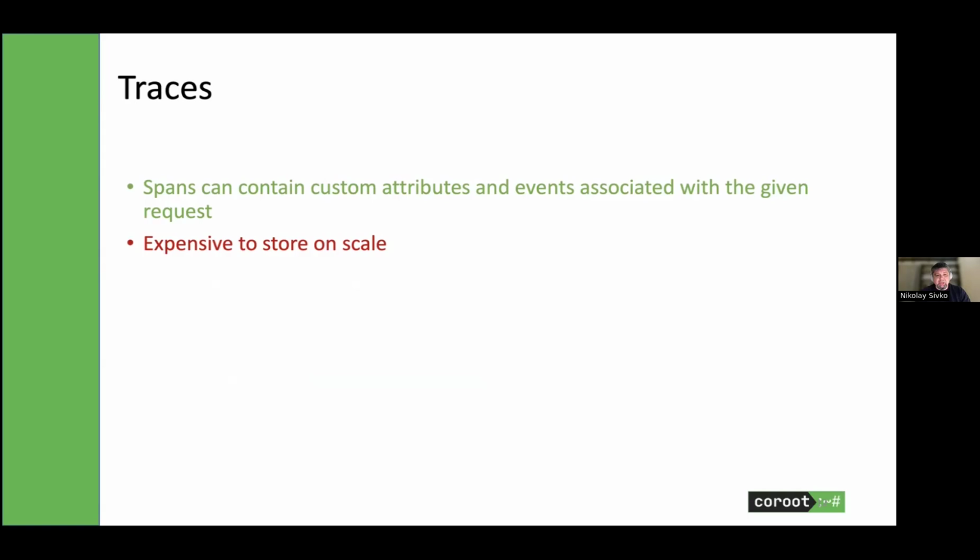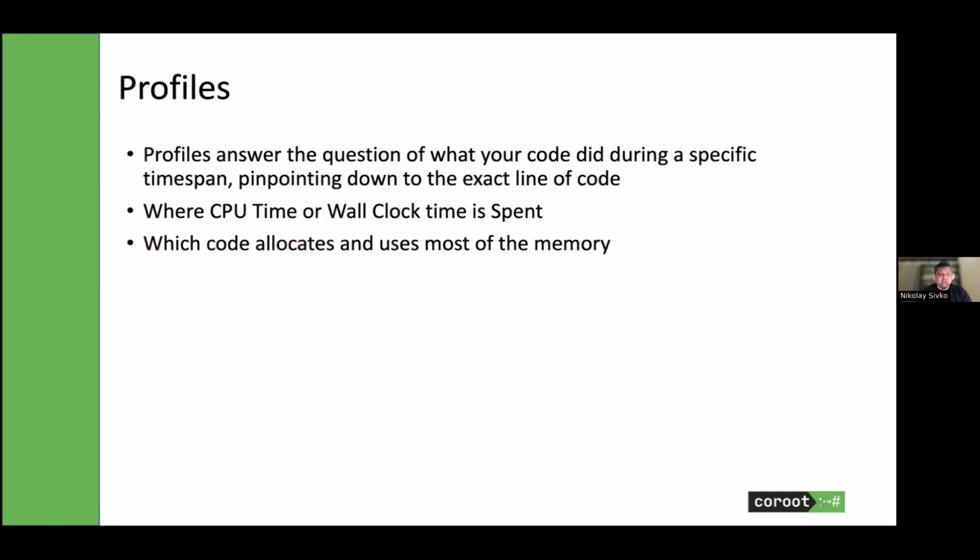It's called sampling. But traces allow us to see all stages of each request, and it's the easier way to answer a question about each particular transaction. And the last one, profiles.